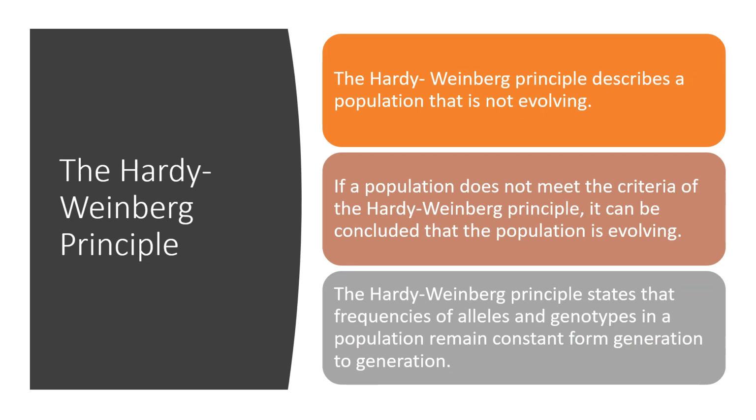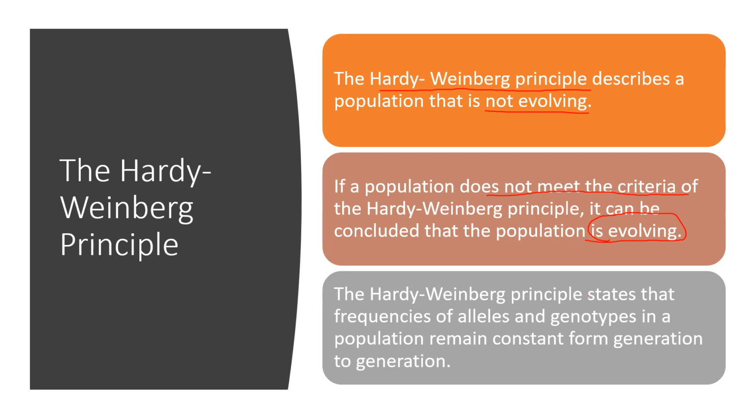So the Hardy-Weinberg principle is basically a description of whether or not a population is evolving. Now, if it meets Hardy-Weinberg equilibrium, we would say that it is not evolving. If a population does not meet the criteria, then we would say it is evolving.